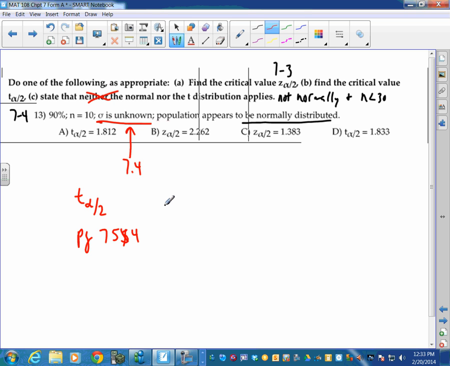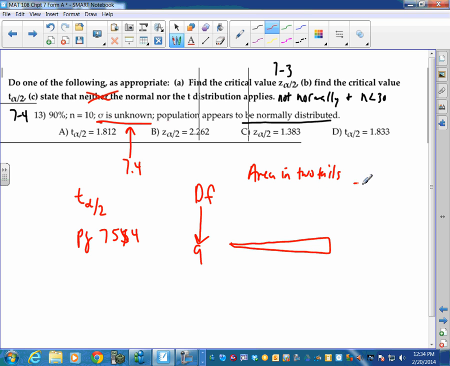All right. To do this, what is the degrees of freedom? 9. Next, it says along the top, area in 2 tails. Right, because I'm going to do this one, normally distributed. Each tail has 0.10 divided by 2.